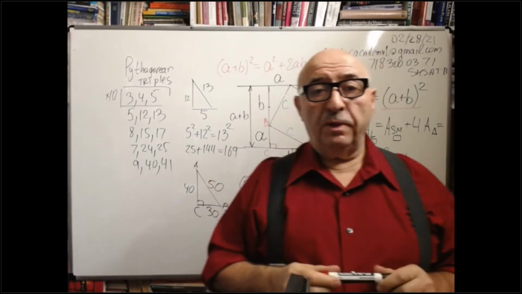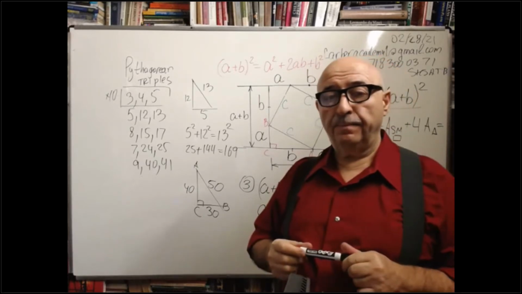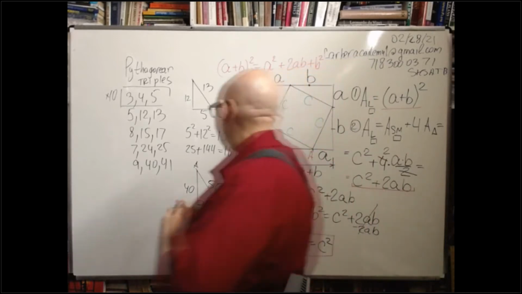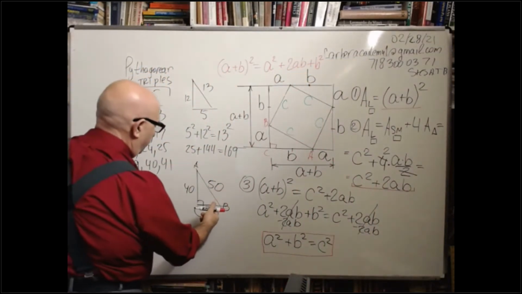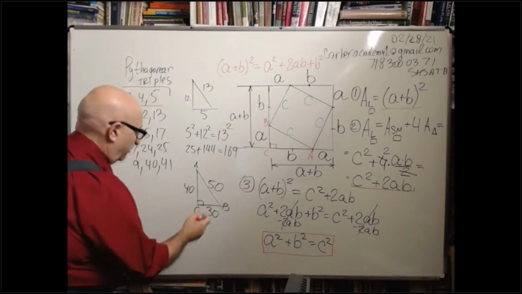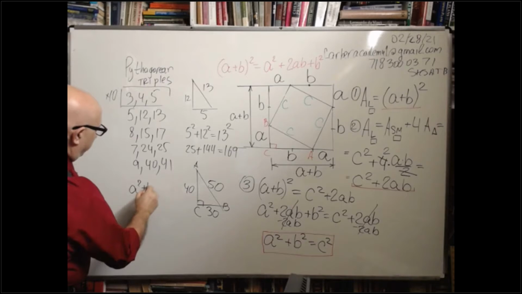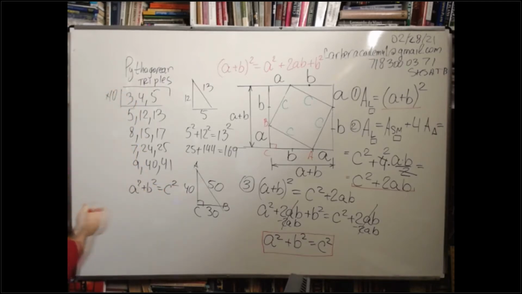When in Mount Palomar, Dr. Farber, how did you get 50 for the hypotenuse? Look at this. I can do it two different ways. The longer way, I use the Pythagorean theorem. A to the second plus b to the second is supposed to be c to the second. Let's say forget about Pythagorean triples.